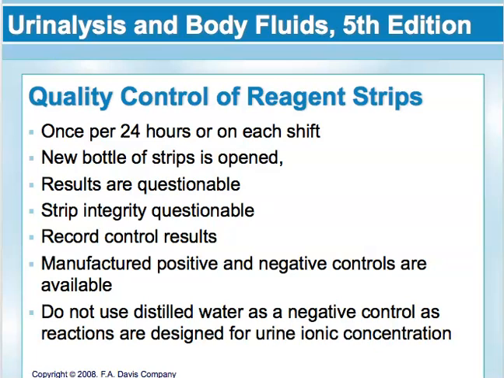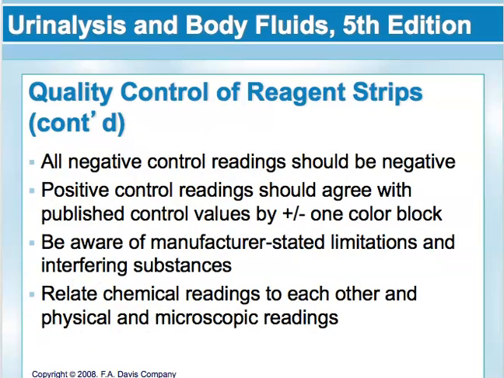Distilled water cannot be used as a negative control because reactions are designed for urine ionic concentration. All negative control readings should be negative, and all positive control readings should agree with published control values by plus or minus 1 color block. So it's important to be aware of any manufacturer stated limitations and interfering substances.